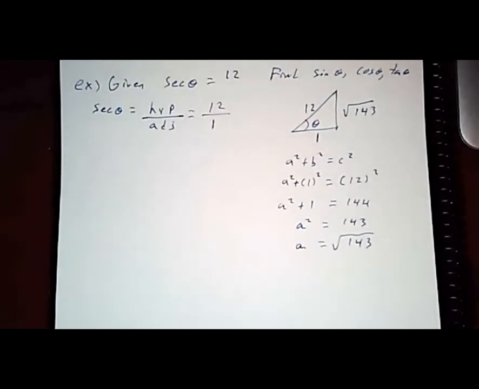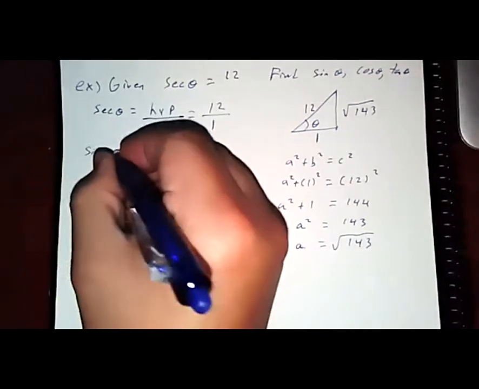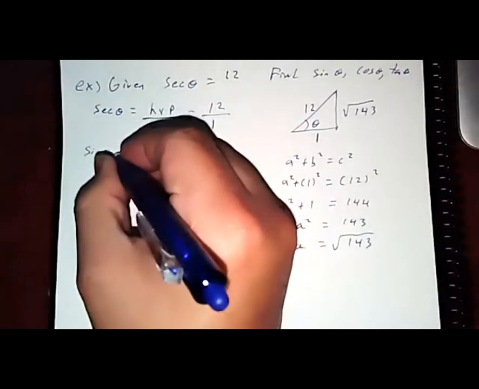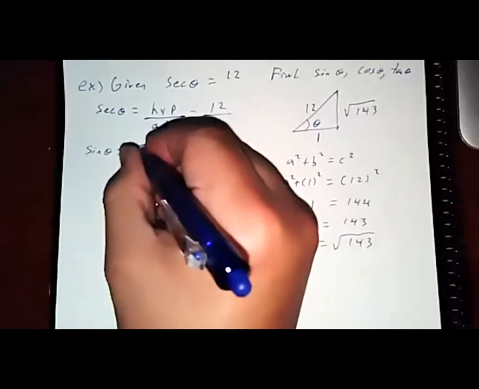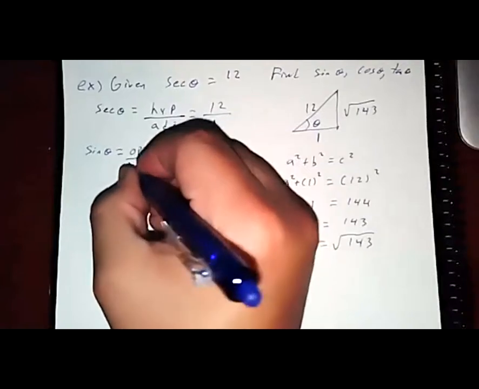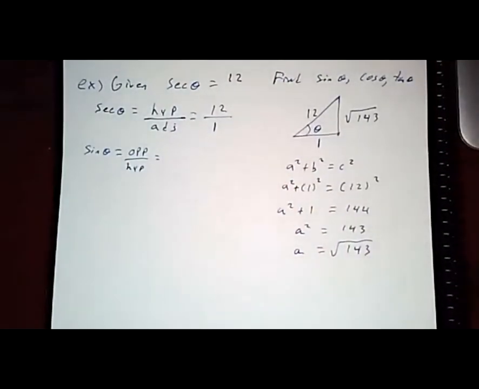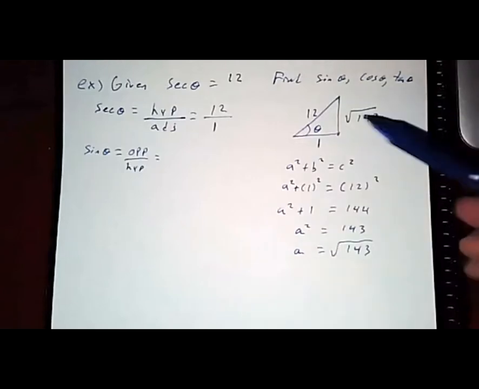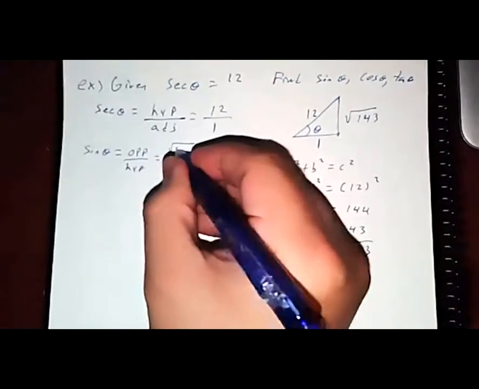So now that I have that, I should be able to find the sine, cosine, tangent. So sine is opposite over hypotenuse, right? So that would be the angle right there, so opposite over the hypotenuse, 12.